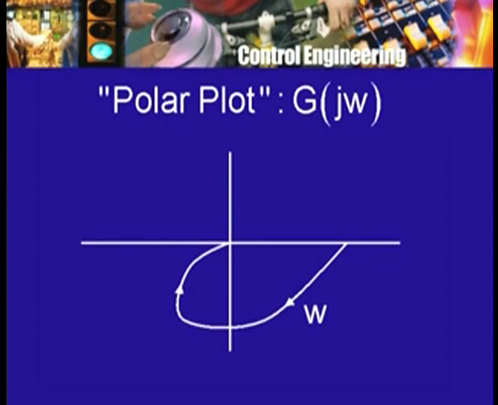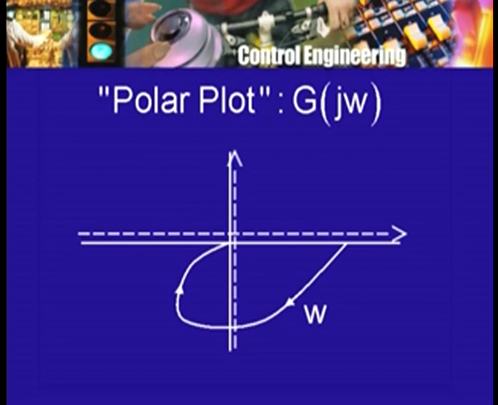Here is the complex plane in which there is a polar plot. As we saw earlier, the polar plot would depend on the number of poles and number of zeros of the system and their location and so forth. For the sake of simplicity, I am just drawing a simple curve, say a polar plot that looks like this. It could be just some arbitrary polar plot, really does not matter. Each point of this curve is a value of G(j omega), that is each point of this curve corresponds to a complex number.